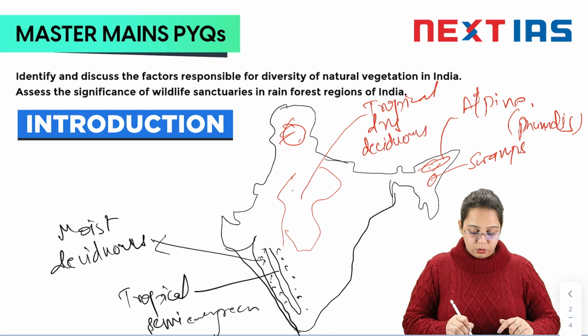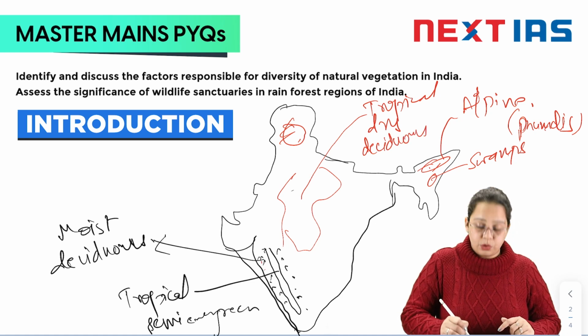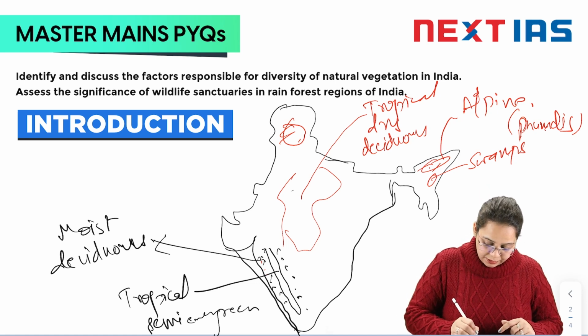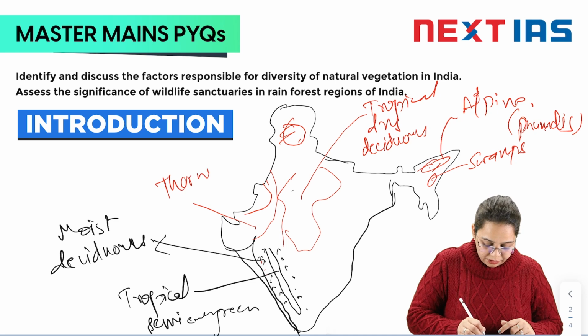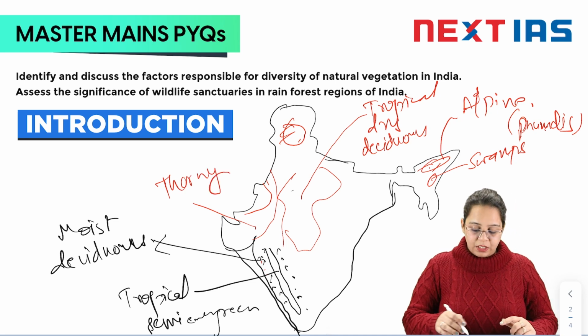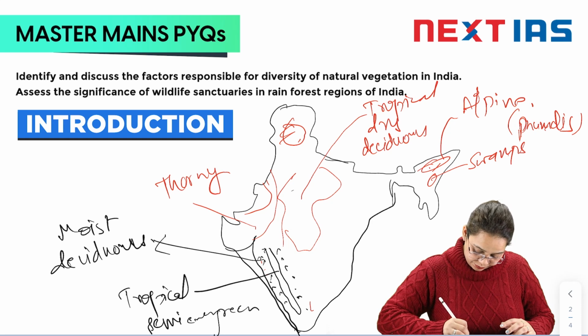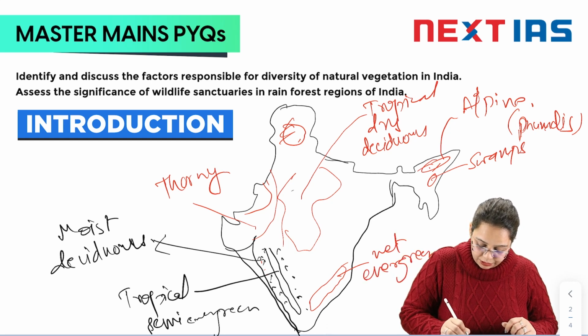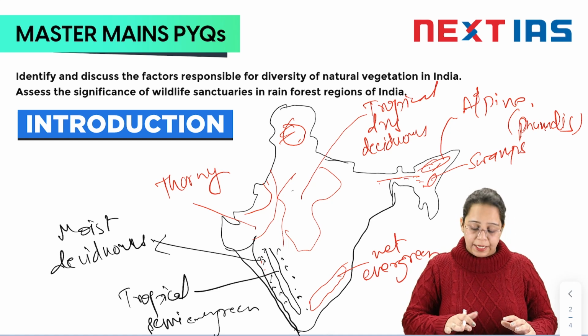It was moist deciduous and it is dry deciduous. Now this area is mainly desert, and these are thorny. Here thorny vegetation is found. In this region and this region also, wet evergreen areas are found. So try to map it out in this way.